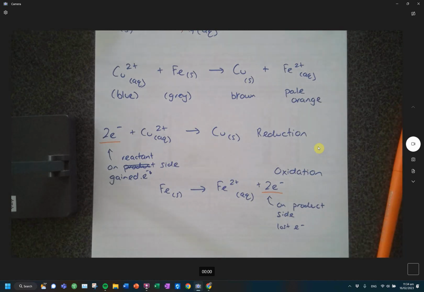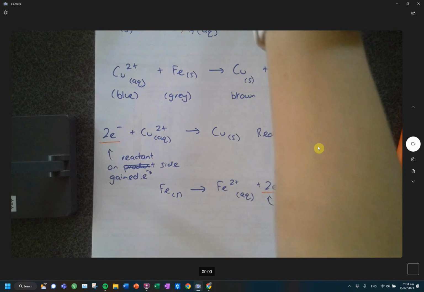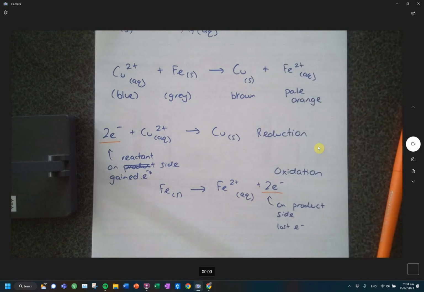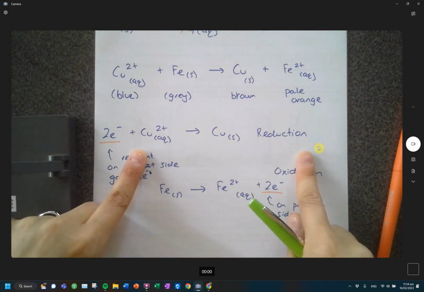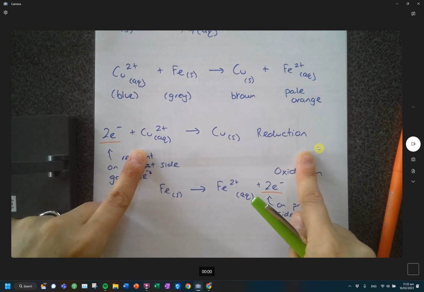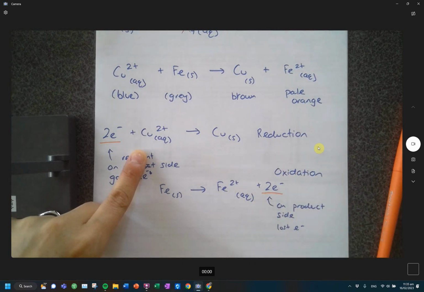All right. Now the words that you probably don't like as much. Do you remember oxidant and reductant and how confusing it was? Yeah, you got to use those again. All right. So copper 2, this is the reduction reaction, but we don't call it the reductant. We call it the oxidant because we're talking about what it's doing to the other thing.